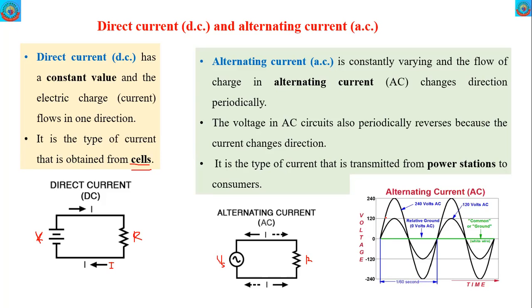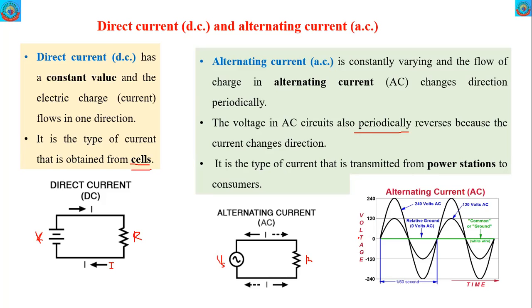Again, if we see this one, this is 120 volt AC. Okay, ስለዚህ ይሄ ኢኒሻል መነሻችን ወይም ሚን ላይናችን. The voltage in an AC circuit also periodically reverses. Once it goes up, then it goes down, then up, then down, so it is periodically reversing because the current changes direction.